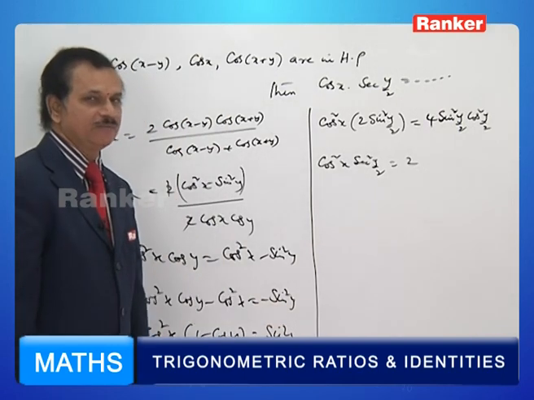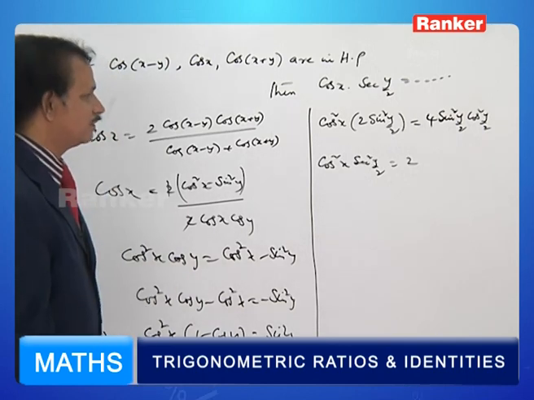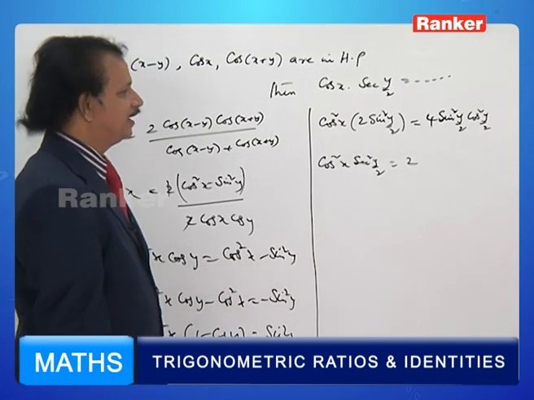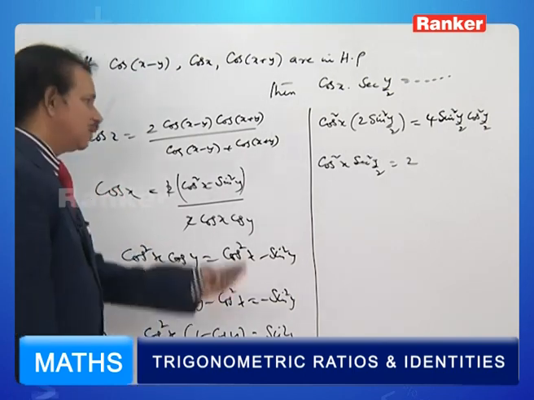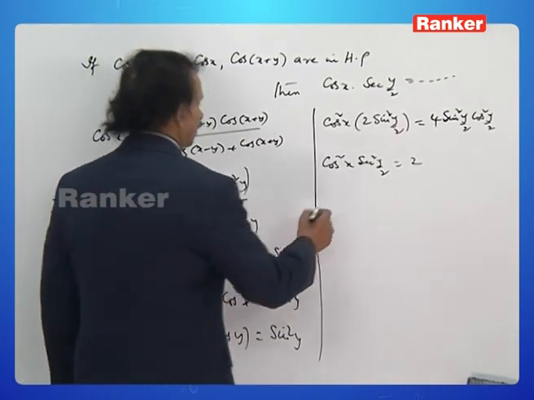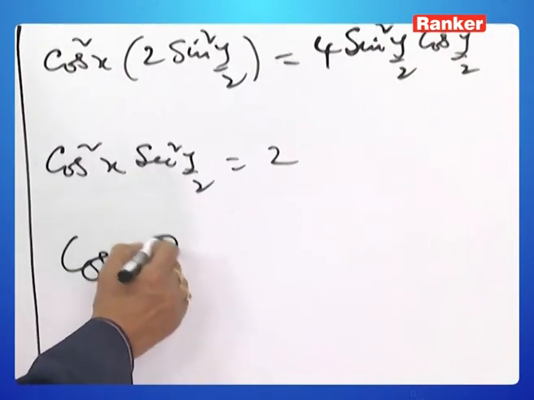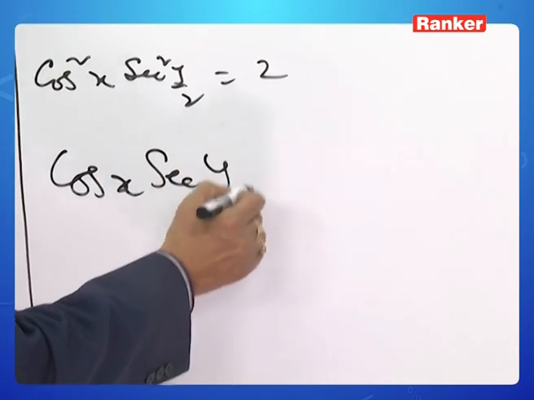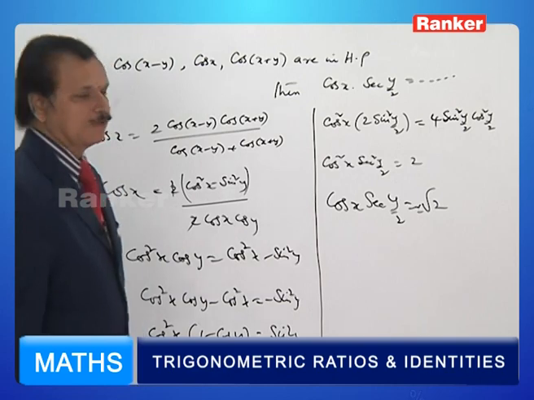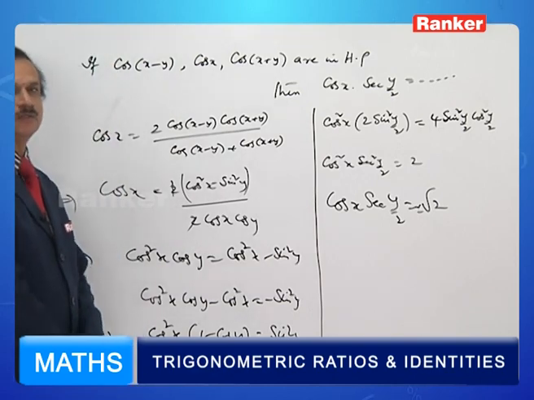If you square it, you will be getting 4 sin square y by 2 cos square y by 2. After cancelling sin square y by 2 on both sides, you will have cos square x into secant square y by 2 is equal to 2. Therefore, cos x into secant y by 2, which is required, is of course plus or minus root 2.